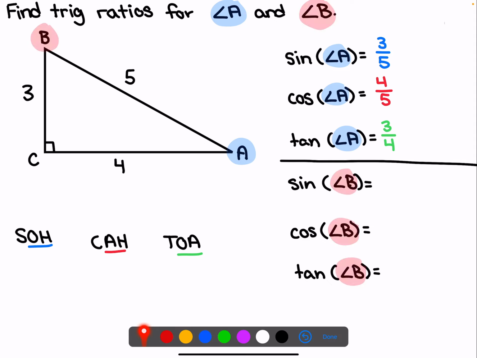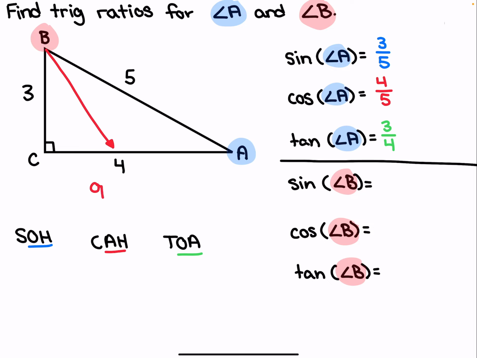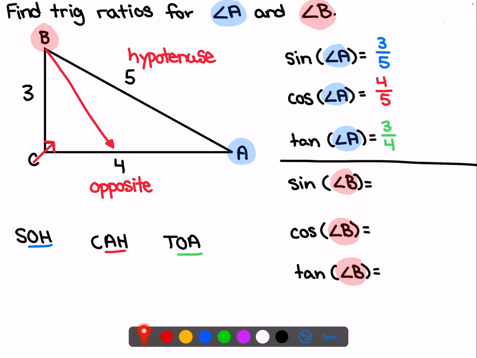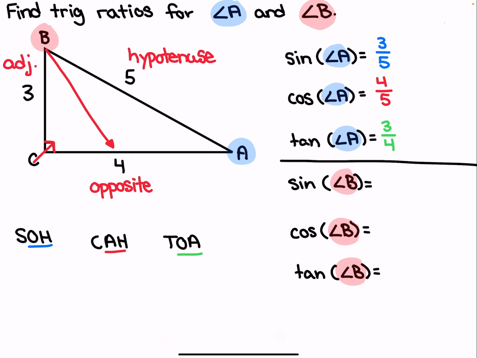So this time we're focusing in on angle B. So now we need to relabel our triangle because now we're starting at a different focal point. So with angle B, the side opposite angle B would be 4. The hypotenuse doesn't change, that's still 5. And our adjacent side would be 3.